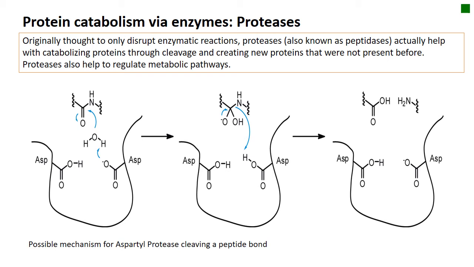So aside from disrupting, they are also used to create new proteins. Proteases also help to regulate the metabolic pathways. One way they do this is to cleave enzymes in pathways that do not need to be running.